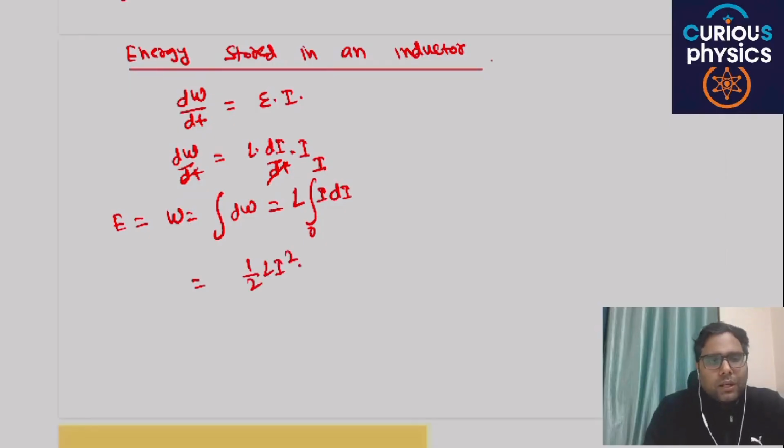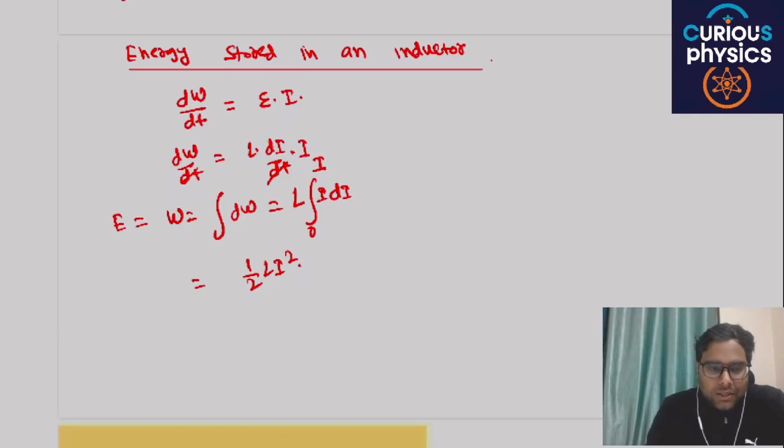This is stored in the form of potential energy, energy stored in an inductor.